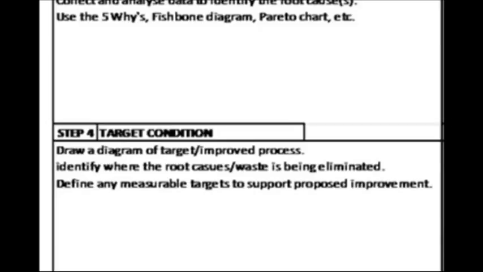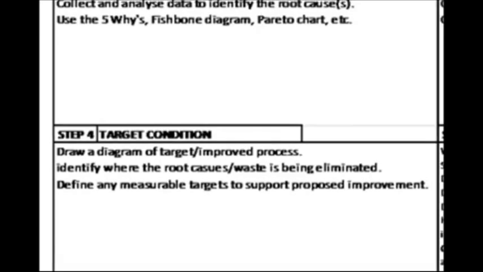And then at that point, you would also define the measures or metrics which would be the expected results once this is implemented. So if this target condition becomes a reality, what would your expectations be in terms of the metrics and the outcome? And this is what you're going to be measuring the success of this project against, based on the current condition versus the target condition.